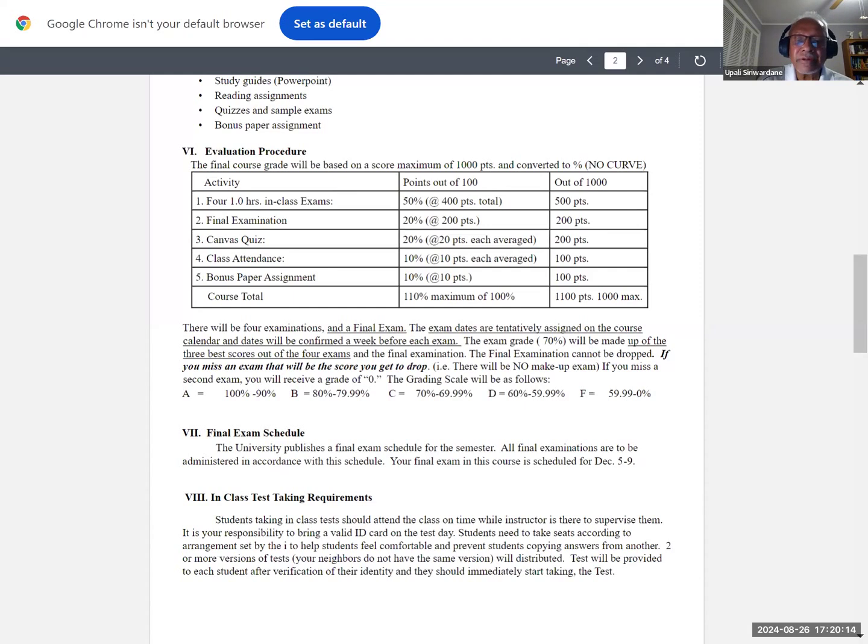There's a bonus assignment paper, details for which are outlined in one of the modules. After module 4, it talks about bonus paper assignment. You can submit the assignment and get 10 extra points to bring up your course average by a maximum of 10 points. The course total maximum you can earn is 110.